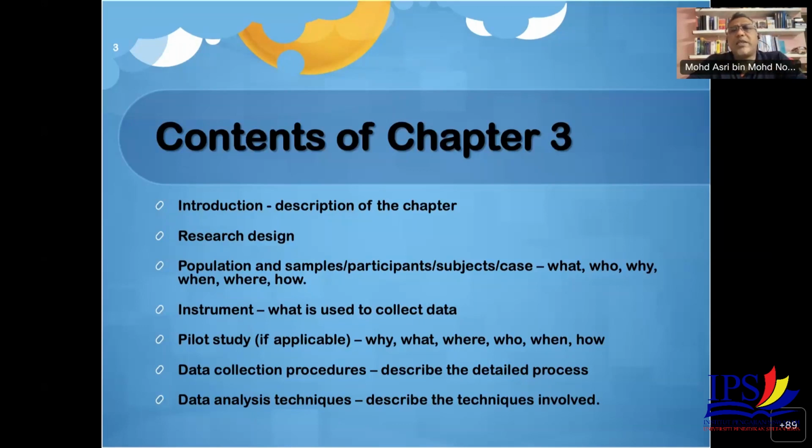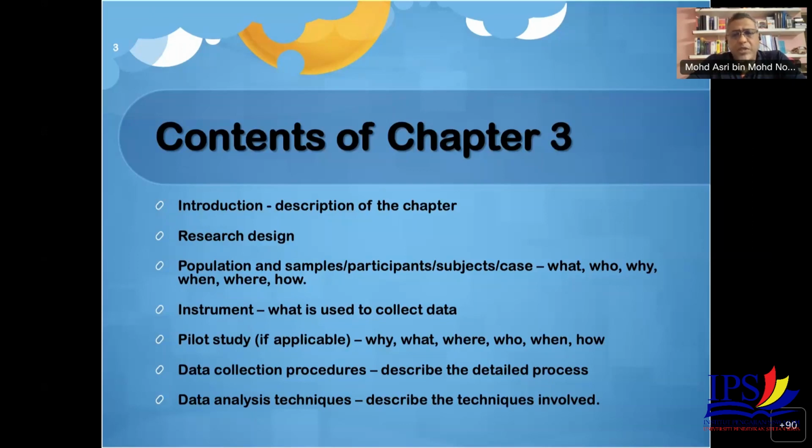And in doing this discussion, it is always wise to refer back to the WH questions: the what, who, why, when, where, how, and so on. And then there will be a section where you talk about the instrument that you use to collect data. We talked about instruments just now.